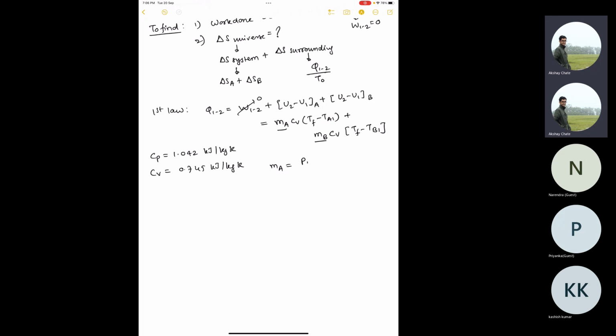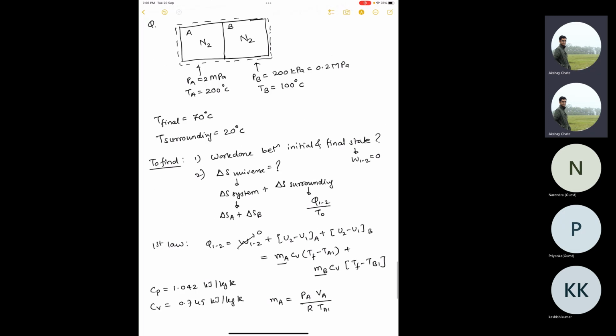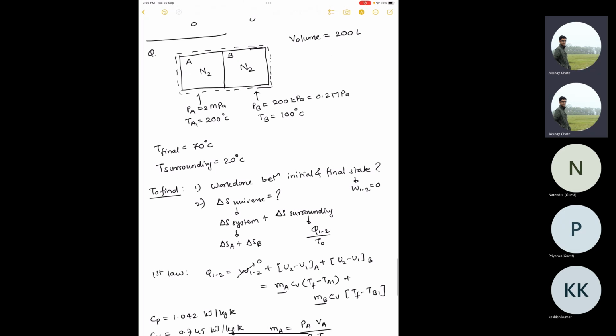MA will be PA1 VA over R for nitrogen and TA1. Initially, whatever was the pressure inside the A part of the container, the volume of the A container, R for nitrogen and T1. I don't want to abuse the notations, so I will write 1 everywhere.